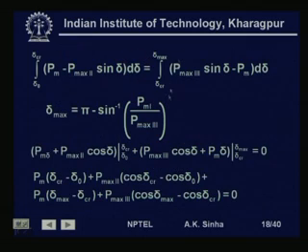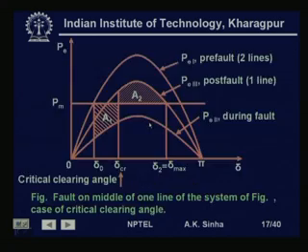So, we have got this as the decelerating area, the maximum amount of decelerating area available, because delta max we have used. Delta max is equal to pi minus sin inverse Pm1 by P max 3. That is, delta max is going to be equal to pi minus this angle, is it not? This is the angle where it is going to work, and this angle is equal to how much?